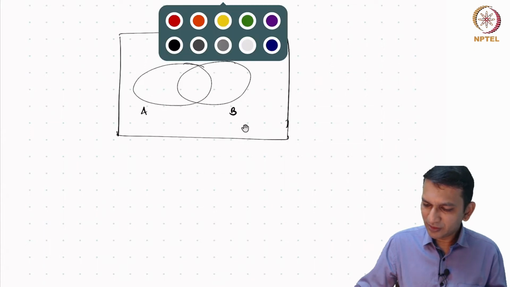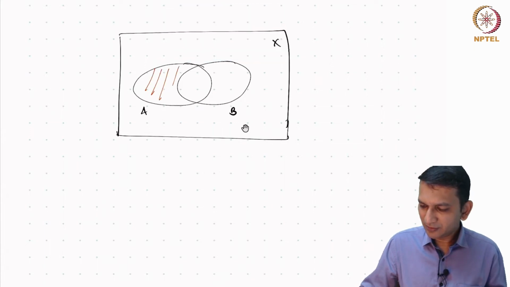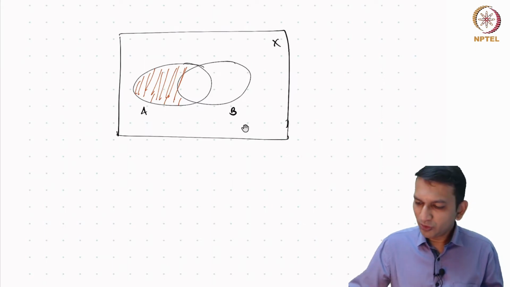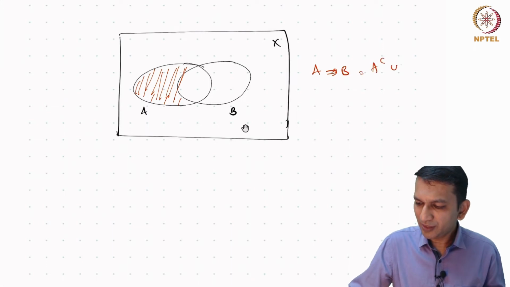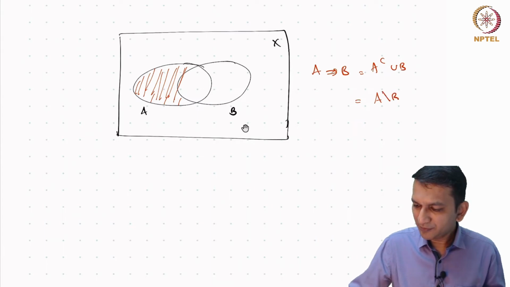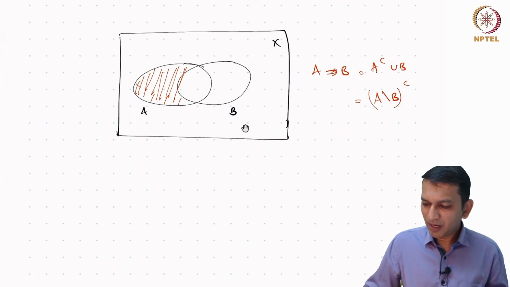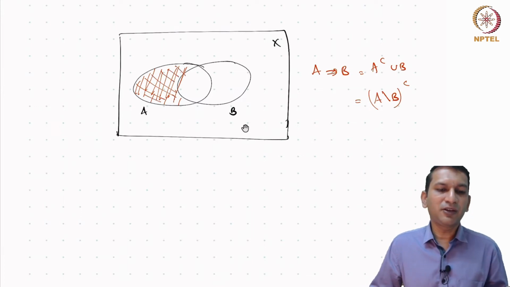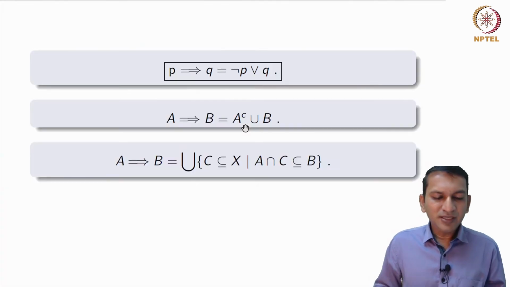I'll just shade this with some other color. So essentially this is the part that is not considered. So you could also write A implies B, which is A complement union B, as: first remove B from A, that is what this part is, and take the complement. So the parts marked in orange or red are the ones that are not part of A implies B.